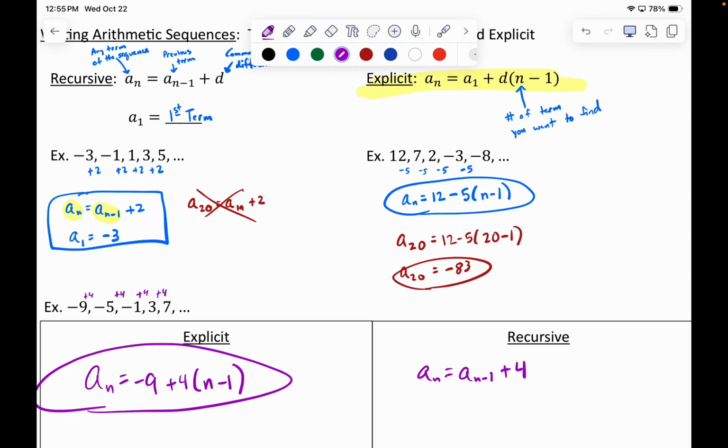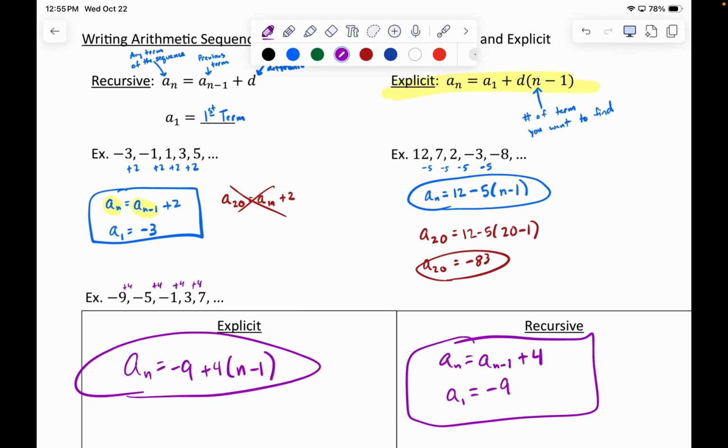We're not done, right? What am I missing yet? Okay, it's a of 1 equals negative 9. I got to list what the first term is. Because if I didn't know the sequence or if I was just showing it to somebody else, I got to tell them what the first number is. Okay?